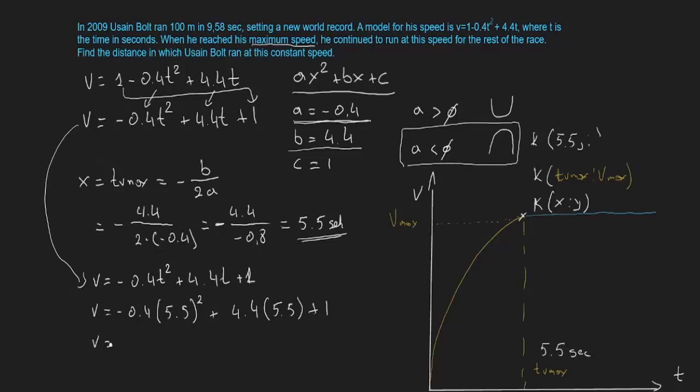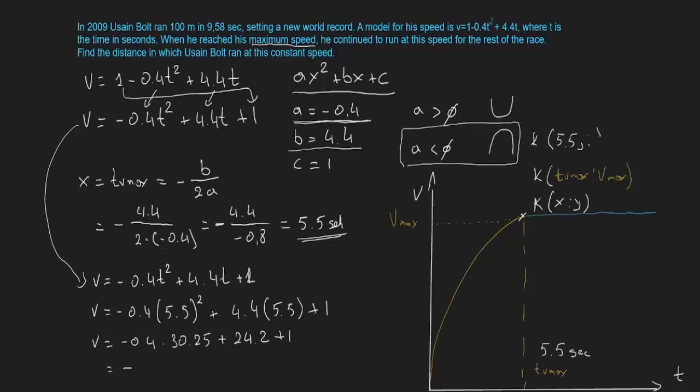Then v equals negative 0.4 times 30.25 plus 24.2 plus 1.